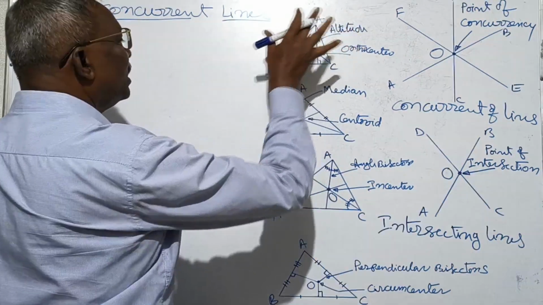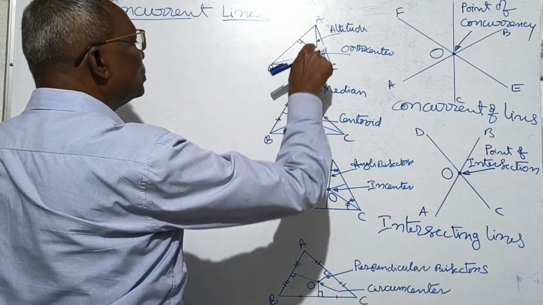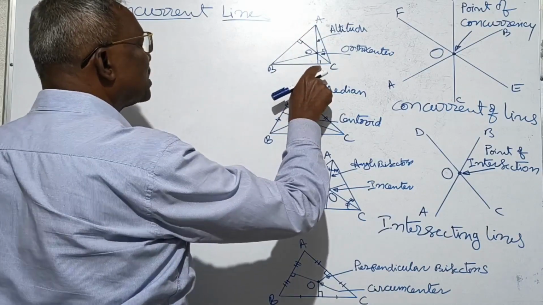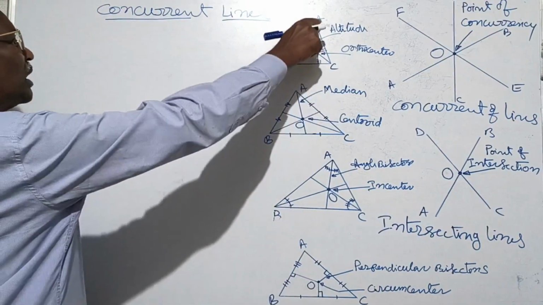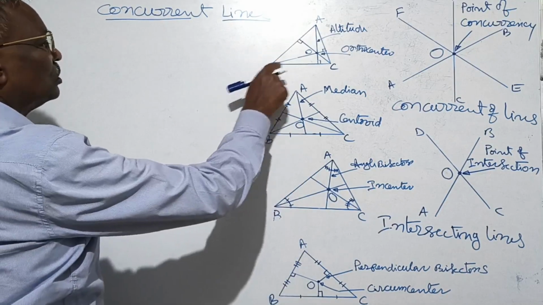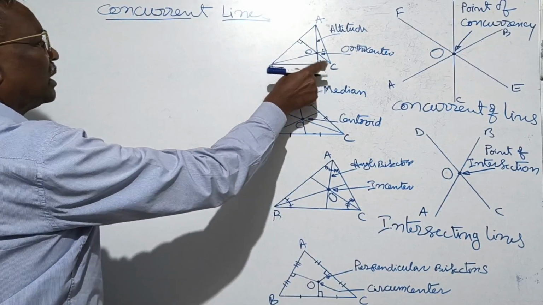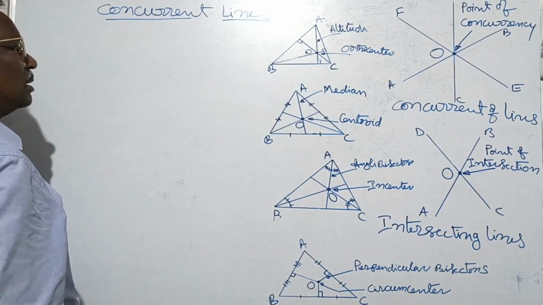Next, in any triangle, altitudes are drawn from a vertex at right angle to the opposite side.